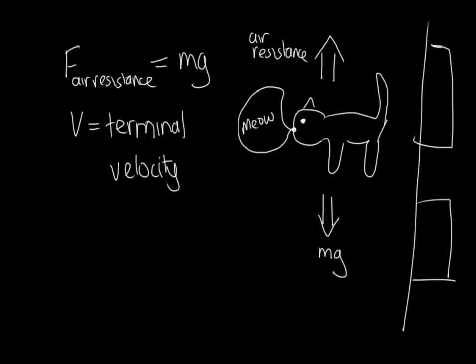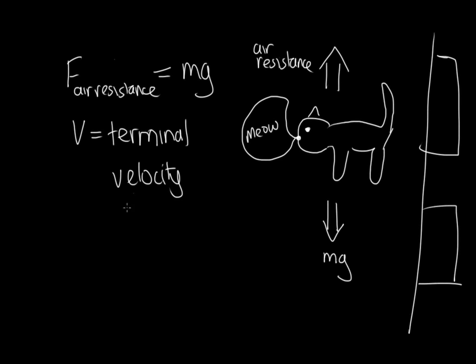If they fall from higher than that, then they fall for a greater time and the cat has more time to relax in the air and to get into a suitable position to land. So cats have actually survived falls from the 45th floor when they've landed in flower pots. But the 7th floor is the most dangerous as they get to their terminal velocity and they have less time to prepare to hit the ground.